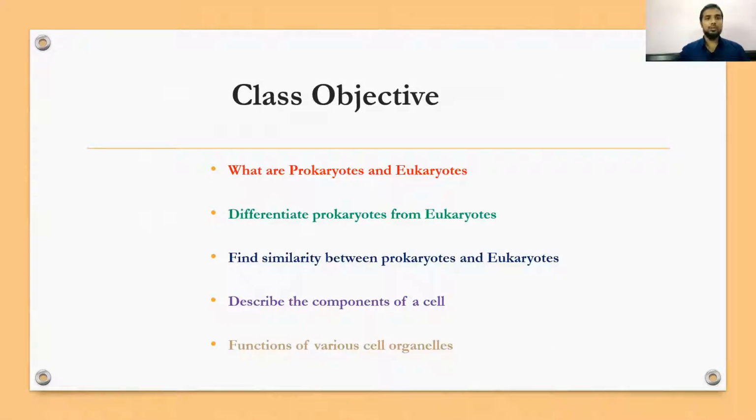The main objective of today's lecture is to identify what prokaryotes and eukaryotes are, differentiate between them, and find what the similarities between them are.